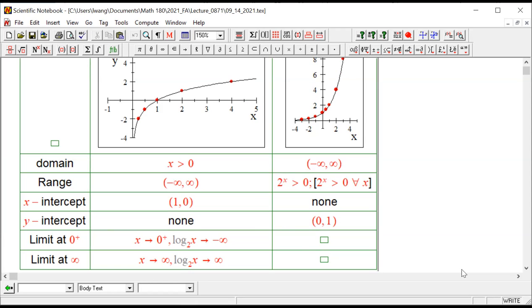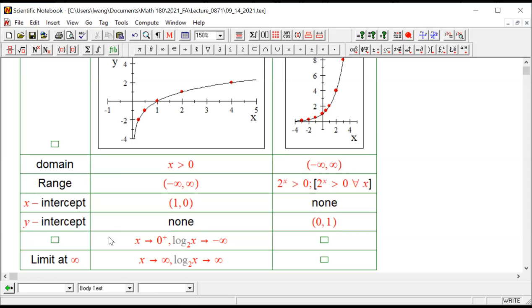Is that true? Domain, range. Domain, range. Do you see that? This one is a limit at 0, so I'm going to put it over here.